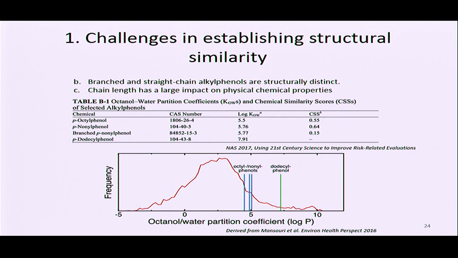And what we see is that the octyl and nonyl phenols cluster very tightly around a log P of 5. Dodecylphenol is substantially higher than that. Not only is it different by a couple orders of magnitude, but it's also pretty far in the tail of this distribution, which is going to pose problems for interpreting the concentrations that you are delivering in an in vitro context.